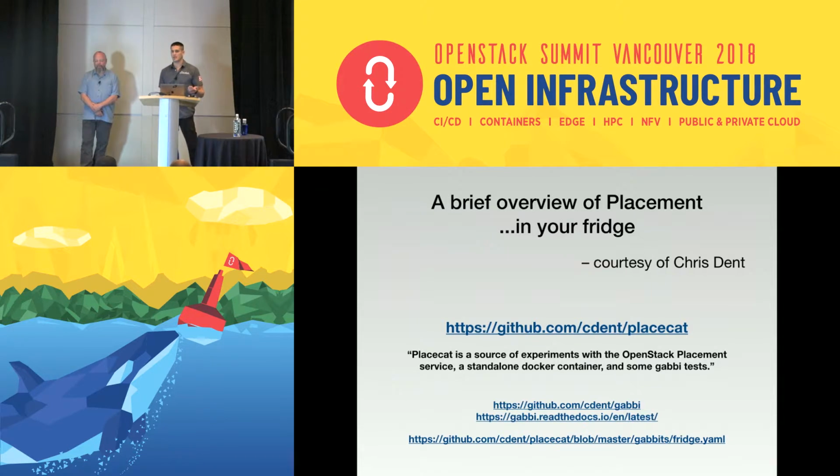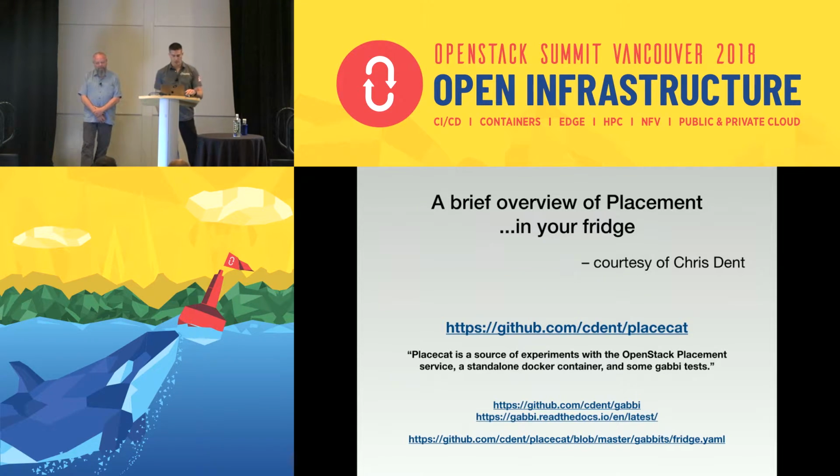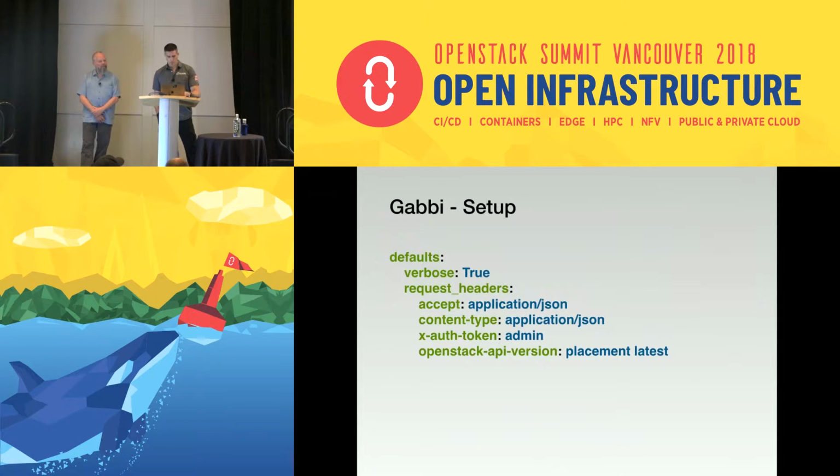And one of the examples that he put together is one of these Gabby suites that does REST requests and treats the placement service as if it is managing his refrigerator. So we are going to manage Chris's refrigerator in this next set of examples. Hopefully these slides will be available attached to the recording of this, so these links are all active, you'll be able to go and find this stuff for yourself. That's for those of you desperately taking pictures with your phones as well.